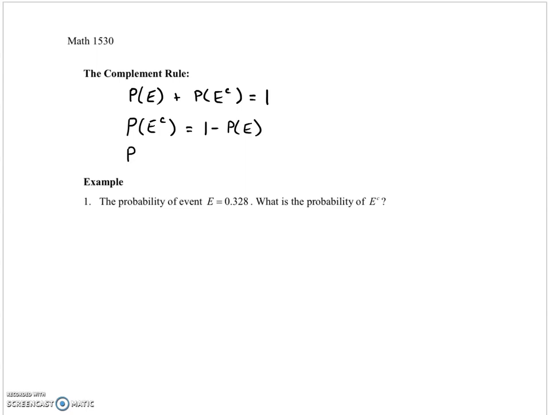Or, if we rearrange it a different way, the probability of an event equals 1 minus the probability of its complement. Now, out of these 3 options, probably we use these 2 equivalently. So the top one we rarely use.